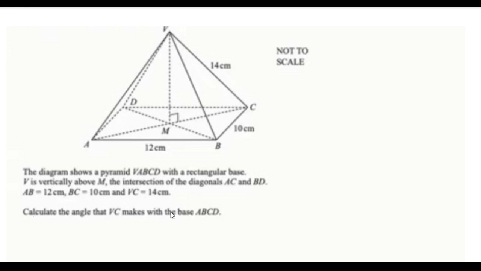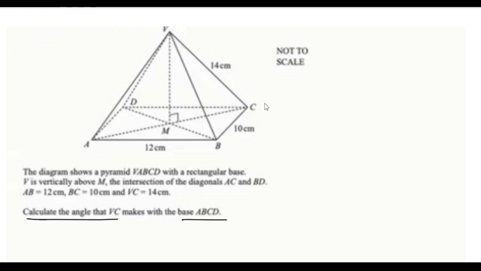We have to calculate the angle that VC makes with the base ABCD. What angle is this VC making with the base? That I have to find out.